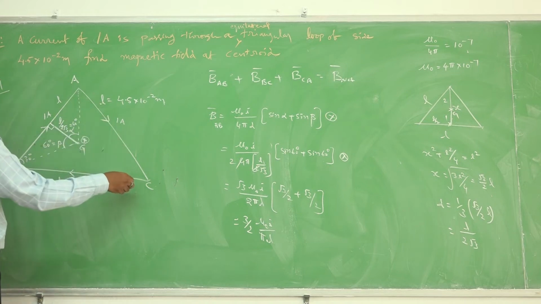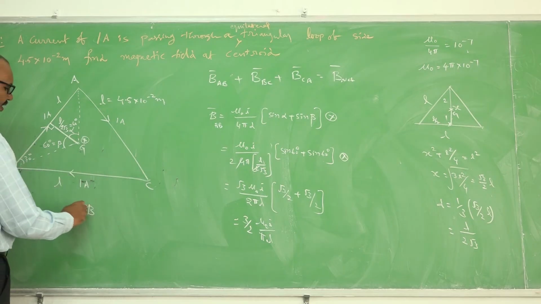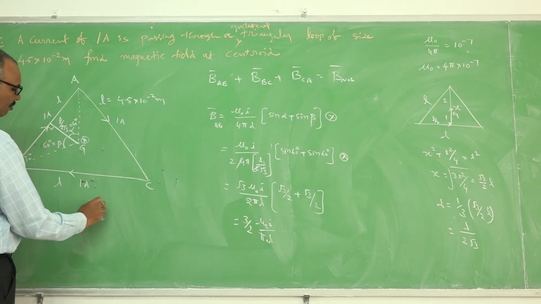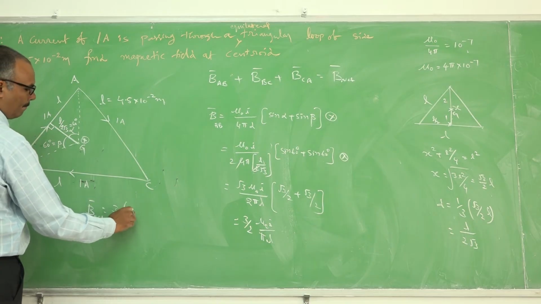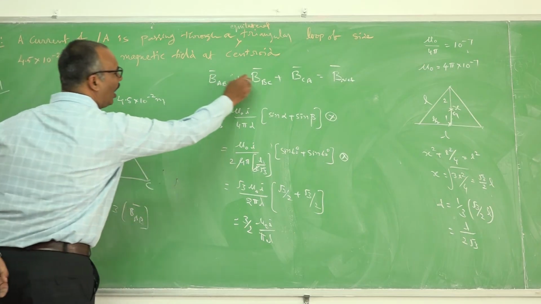Similarly, we need to calculate it for CA and BC. So the net magnetic field is 3 times the magnetic field due to AB. Due to symmetry, all the 3 are identical.